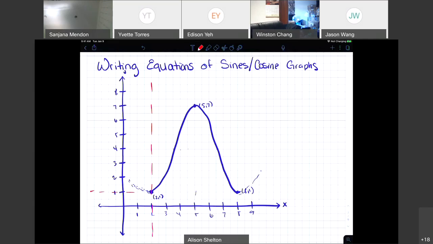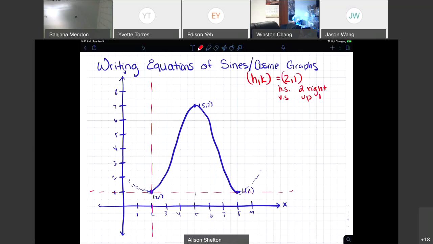So I'm going to draw that shift. And I notice that, okay, if it's starting at 2, 1, that means that h, k equals 2, 1. Right? Well, yeah. So it's got a horizontal shift to the right and a vertical shift up 1.